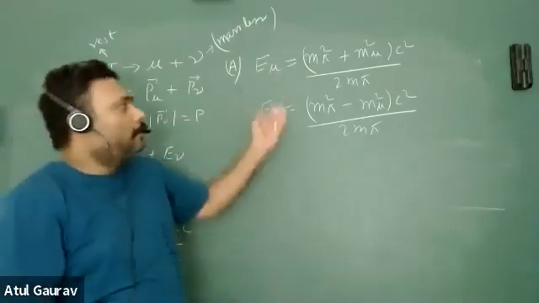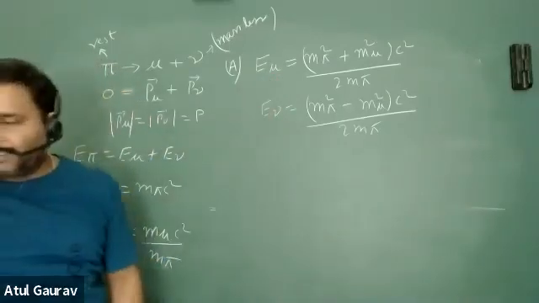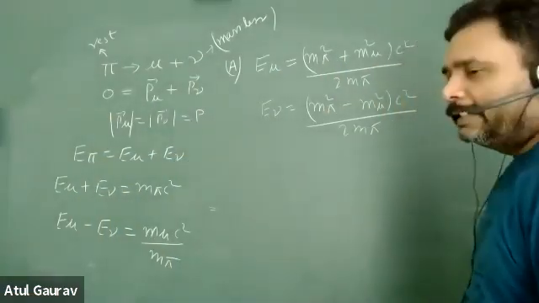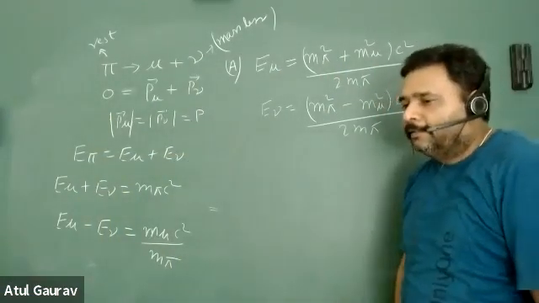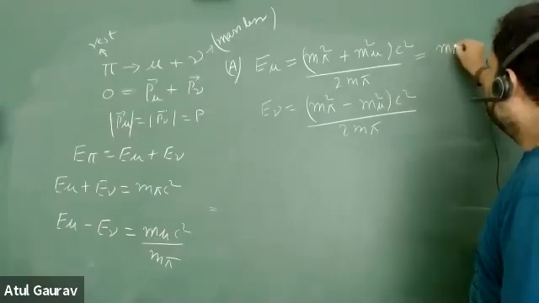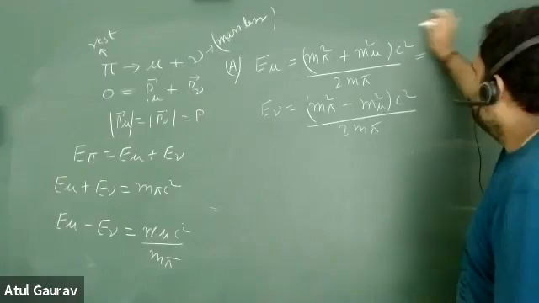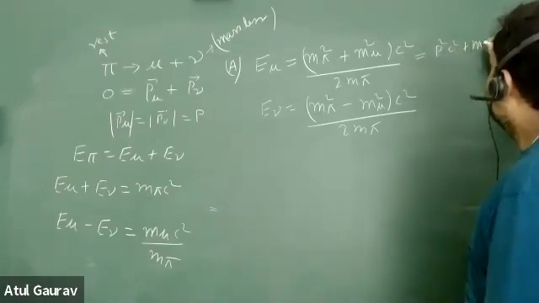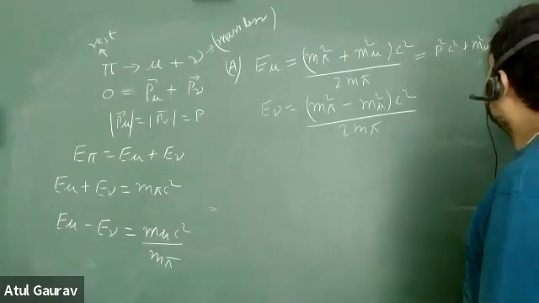Either you can solve the first one or you can solve the second one. Which one should we solve? Tell me, as a smart person, what will be the expression of momentum here? This can be written as p square c square and mu square c^4.